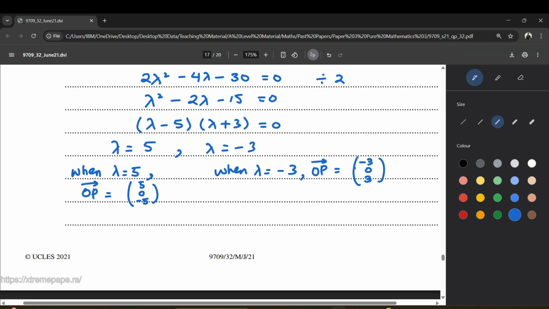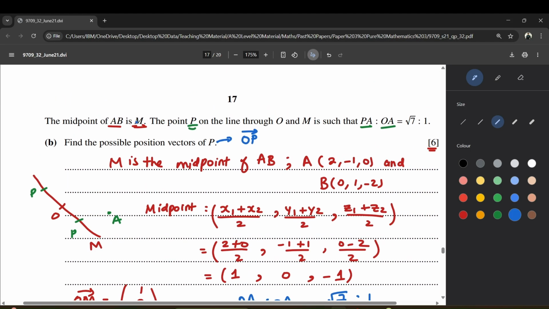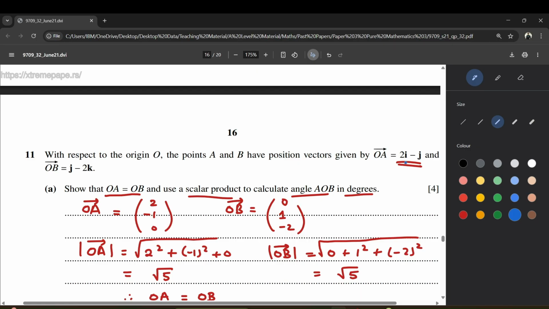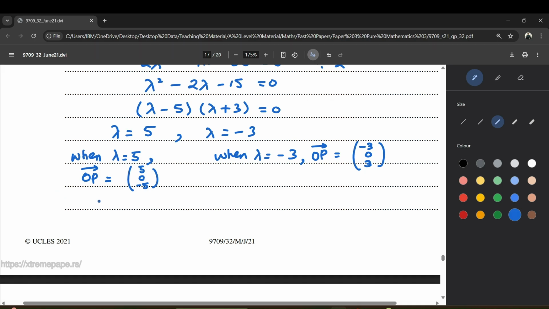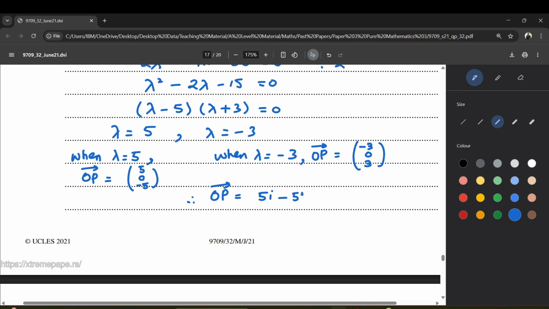Now you're not supposed to express this in column vector form. It is better that you write it in the notation in which the original vectors are given, which was the i, j, k notation. So therefore OP is 5i, and there is no j component, so I can directly write 5i minus 5k.